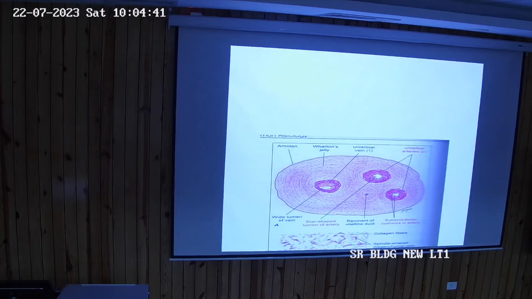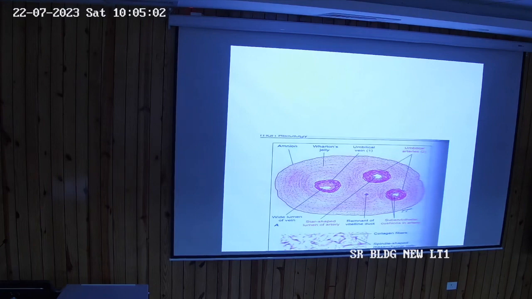Now the question asks you, umbilical arteries are carrying which type of blood? Yes. And the umbilical vein carries oxygenated blood. So don't forget this thing.